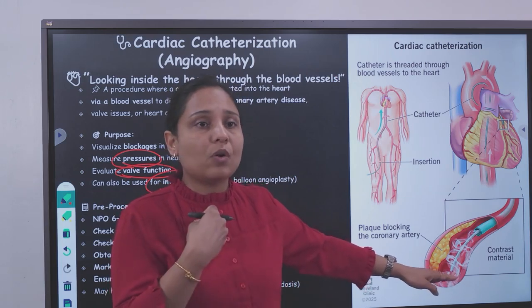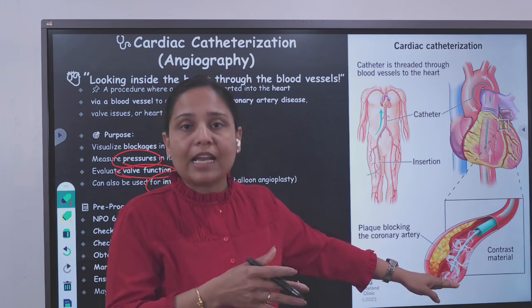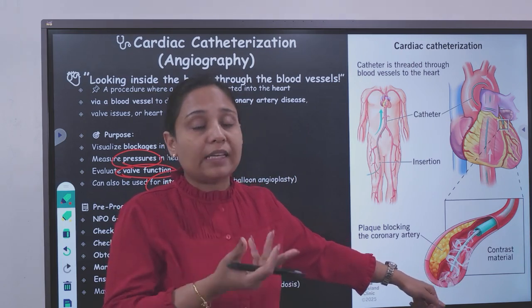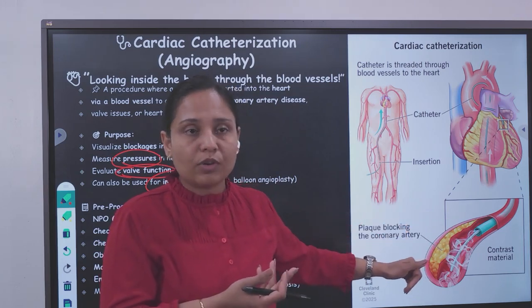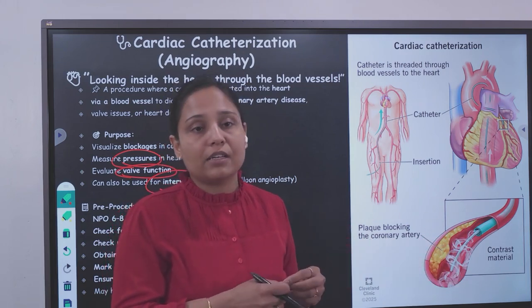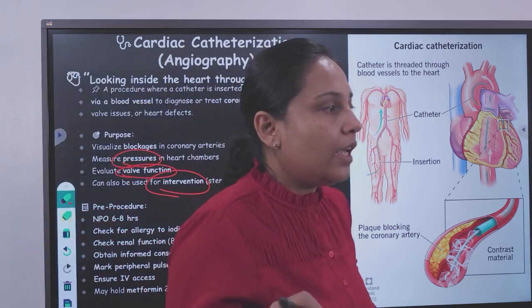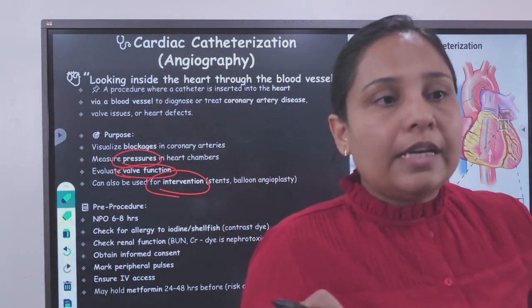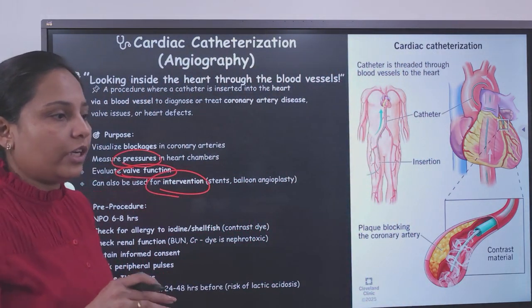We can also perform angioplasty, where we inflate the balloon and dilate the artery. We can perform atherectomy, where we try to remove the plaque. All those interventions we can do after cardiac catheterization. So it's not only for diagnosis, but we can also perform it for treatment.